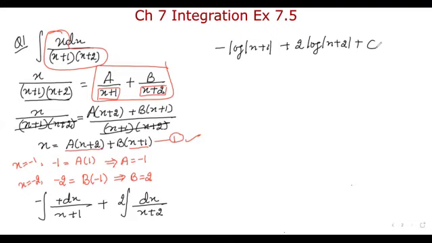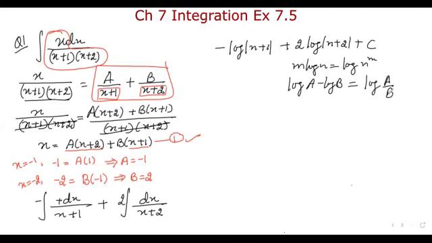Now we know the property of log, that m log n is log n raised to the power m. Similarly, we have one more property, log a minus log b is log a upon b. So to simplify it, we will use these two properties of log here.